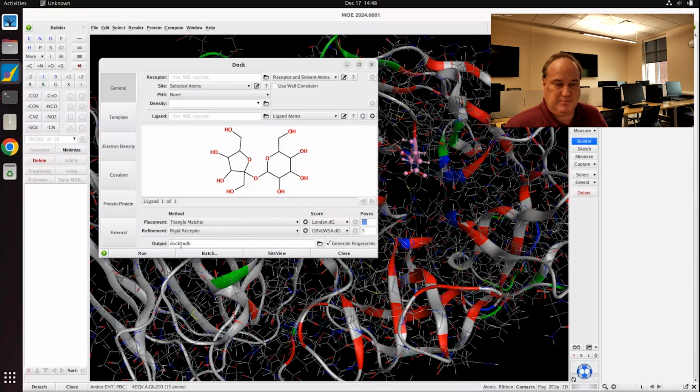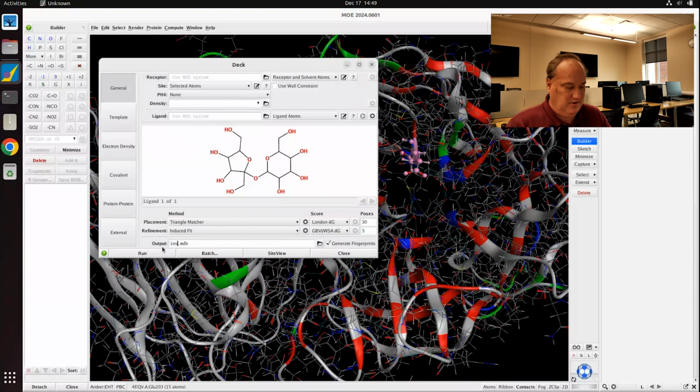We get 30 initial poses, and then for refinement, we're going to use the induced fit method, because instead of a rigid receptor, we want the receptor to move around a little bit. This uses a generalized Born scoring method, a free energy of solvation based method, so we're going to get a free energy score in kcal per mole, and we'll get 5 docked poses.